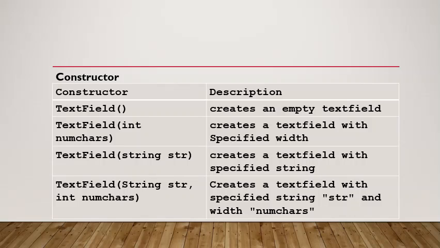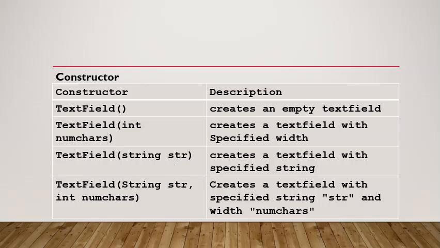The constructors are without any parameter, or you can write something in the beginning while creating it, that is, a string str. It is editable text. So if you create a constructor with some text, that text will be displayed inside the text field, but it is editable, so you can always change it.